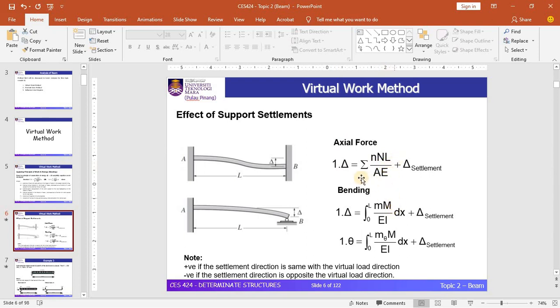We will focus on the equation of virtual work plus settlement. If there is a settlement effect in the beam, you need to take it into account and just add it to the equation of virtual work.